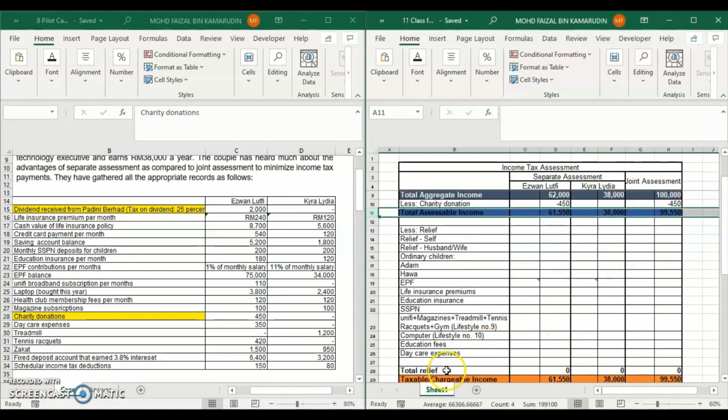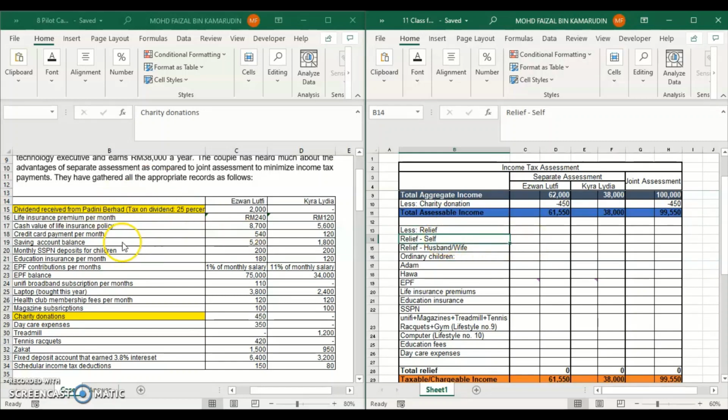Let's move on to the next challenge, which is chargeable income, where we have to get the total relief first. Please bear with me, because it's not in sequence with the question, but I hope that you can be dynamic and just follow the discussion first. The first relief that everyone is entitled to is what we call self relief.